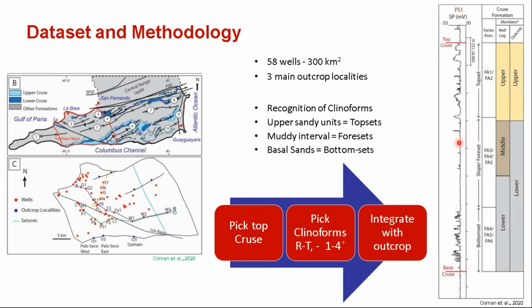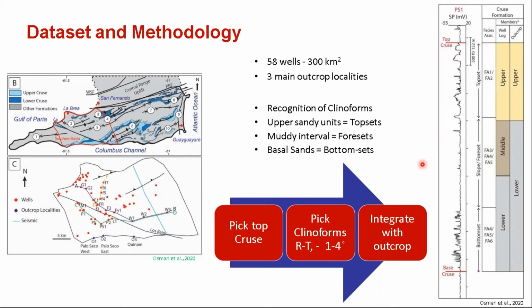Upon doing this, we use a semi-model-based approach where we understand that the delta slope for the main clinoforms would be between 1 and 4 degrees. The modern Orinoco Delta has a slope of about 2.5 degrees.